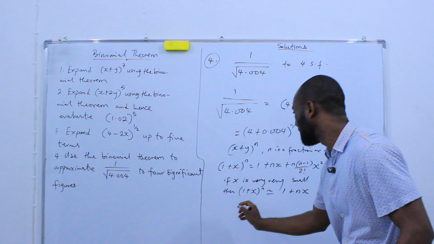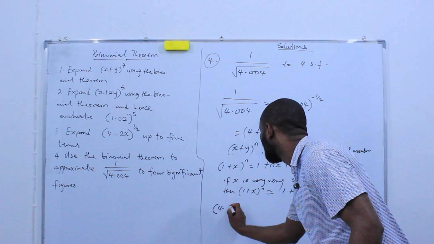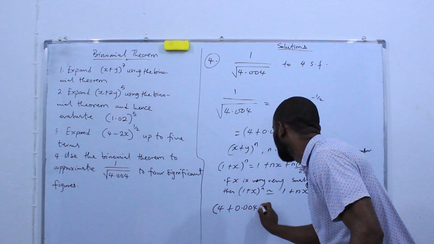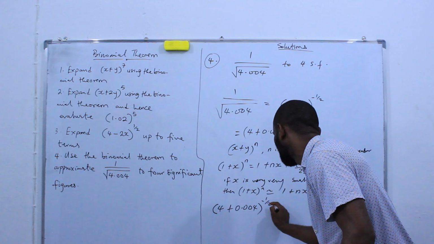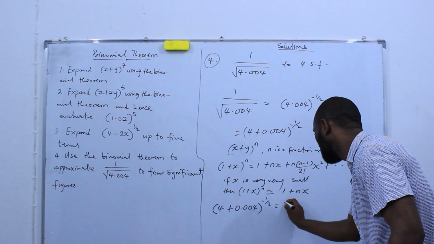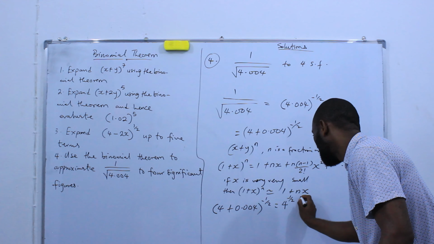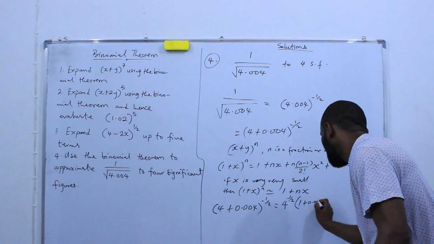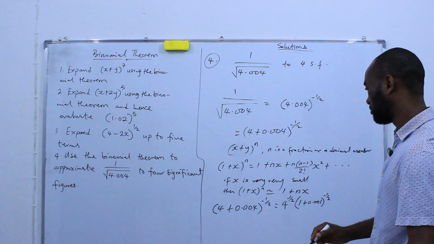So we go ahead to say 4 plus 0.004 all to the power minus half will become 4 raised to the power minus half in brackets 1 plus 0.001 raised to the power minus half.